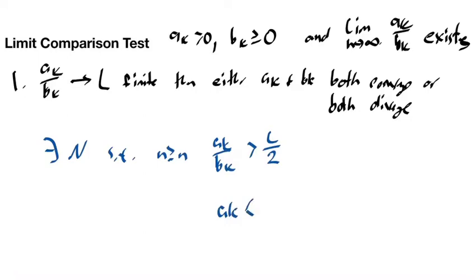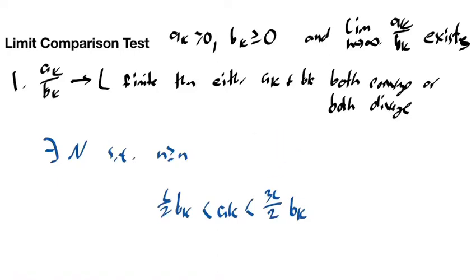So a sub k is between L over 2 times b sub k and 3L over 2 times b sub k. I should have been a little more careful: all I did was make L a little bit smaller and a little bit bigger.